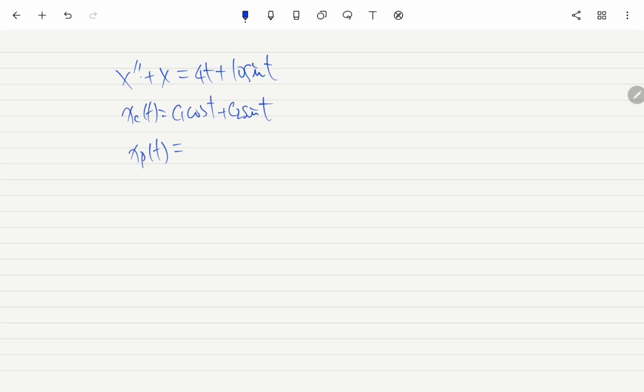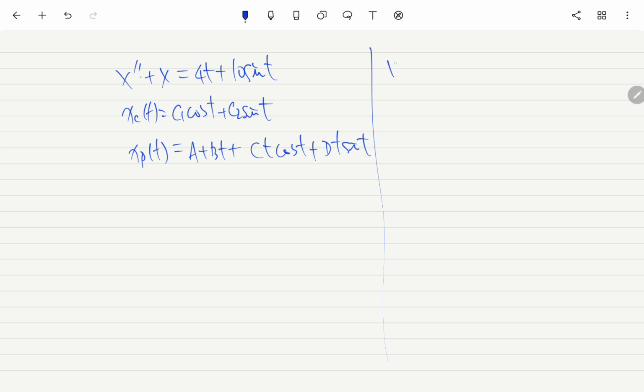Xp of t, we will make it like a plus bt and then plus ct cosine of t plus dt sine of t. So you can solve it in one shot. You plug this into the left hand side and then solve ABCD directly, or if you feel this is too complicated, you can split it into two parts.